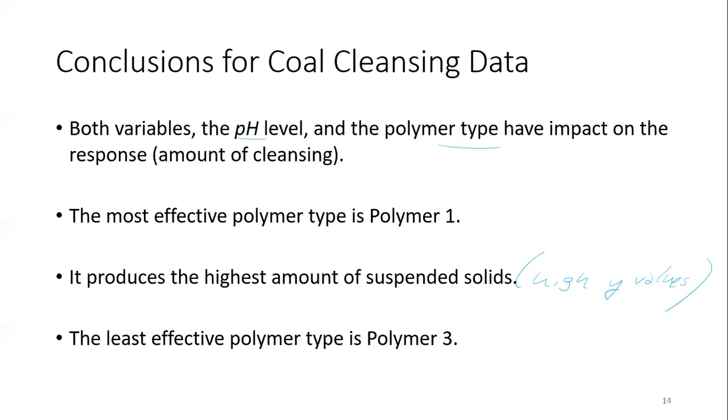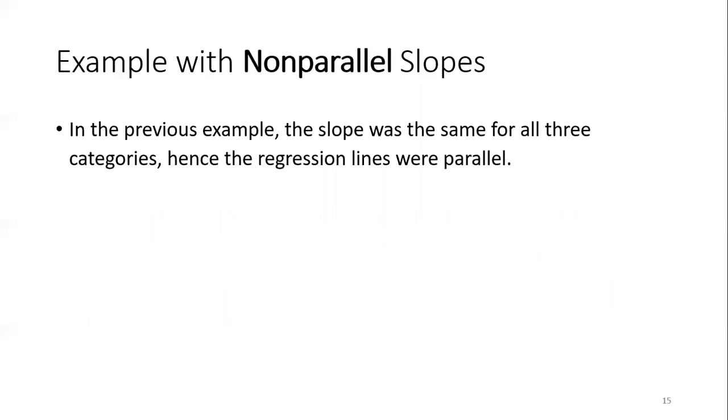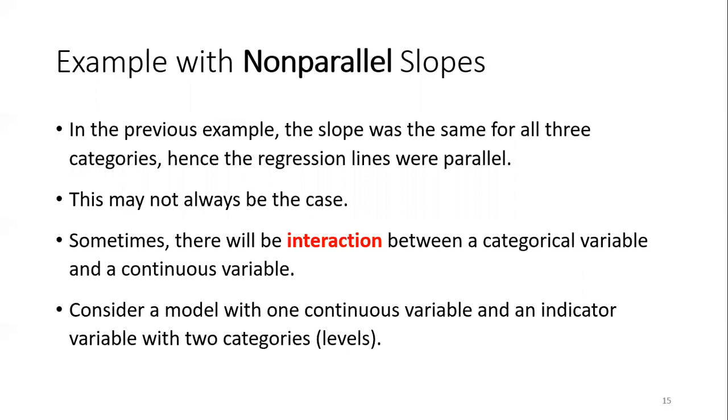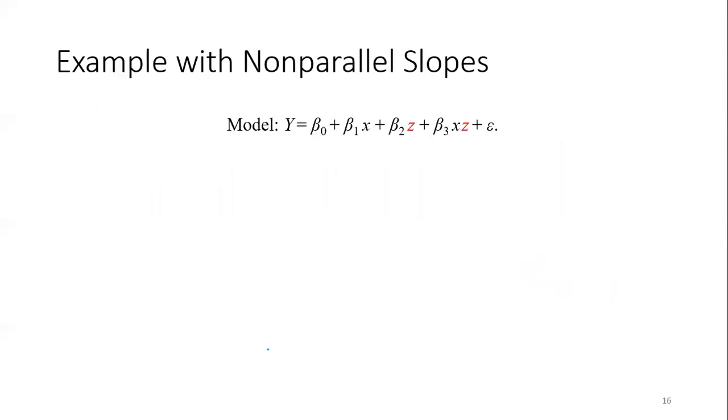Well, so here we talk about the parallel slopes, but there may be some examples where you have non-parallel slopes. Okay, so there may be some interaction between the categorical variable and the continuous variable. So just consider a model with one continuous variable and an indicator variable with two categories, right? So just look at this one.